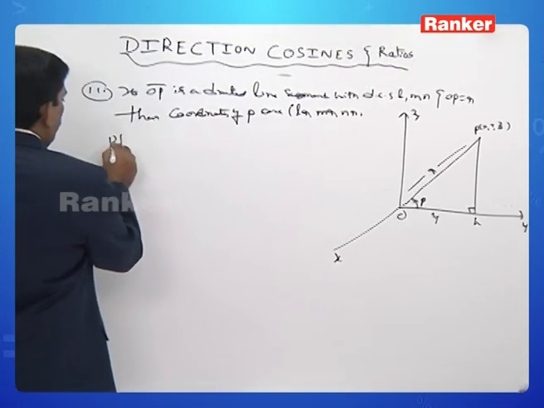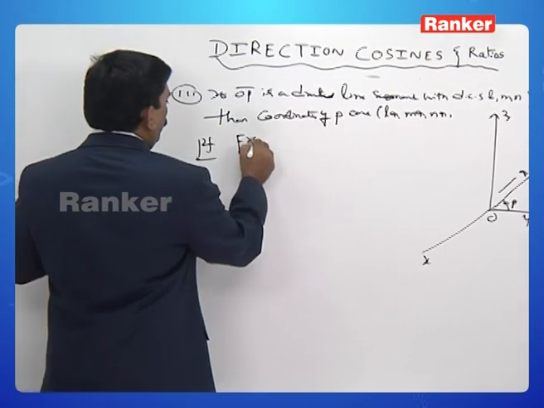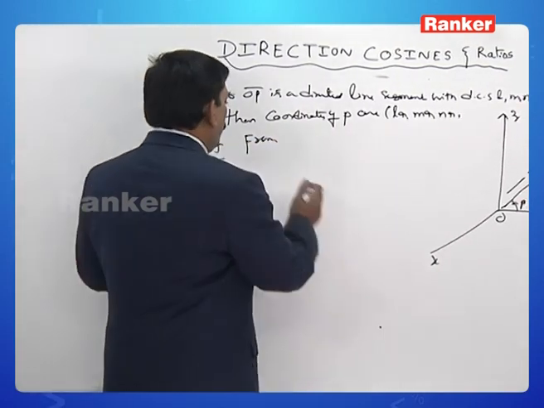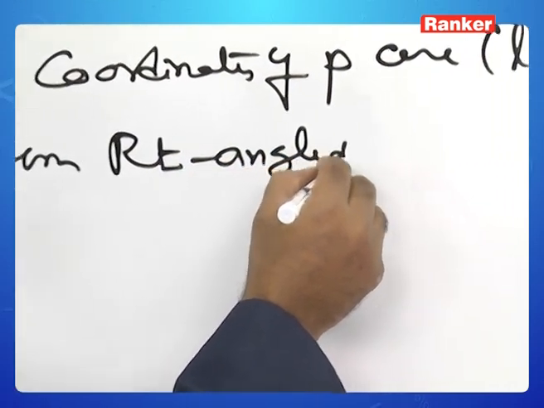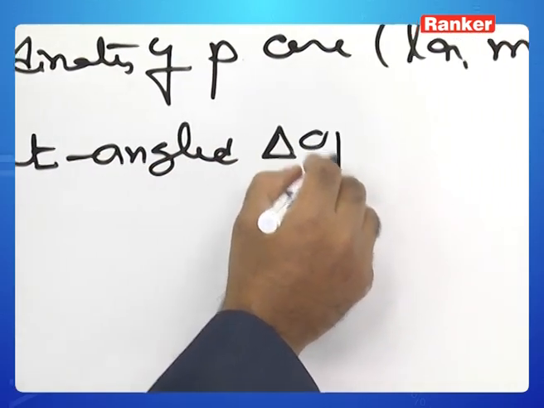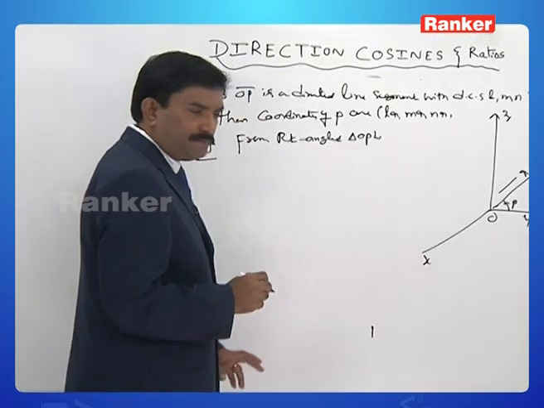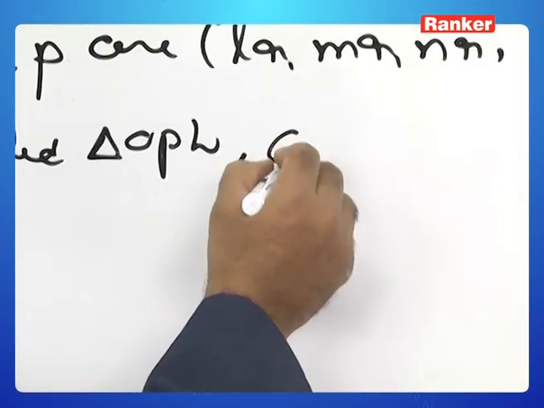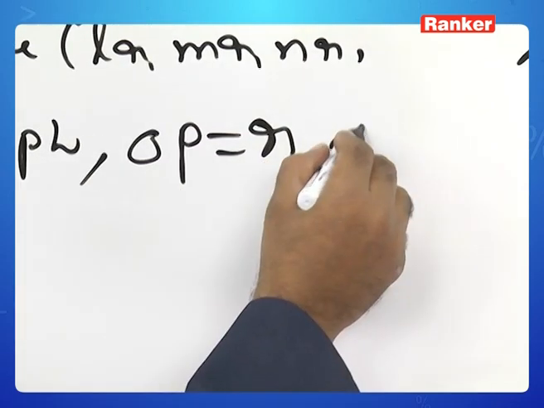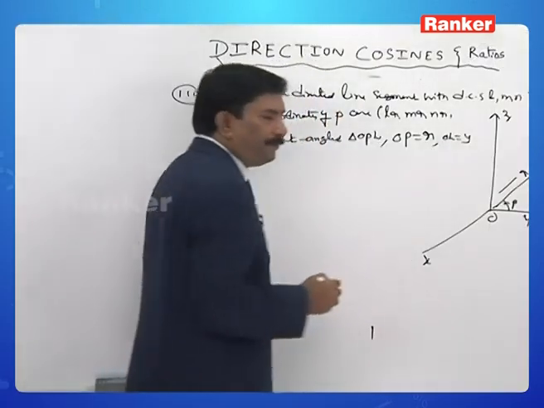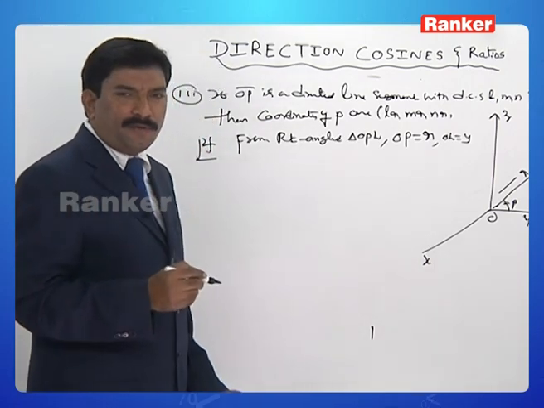The proof is from right-angled triangle OPL, given OP is equal to r, OL is equal to y.